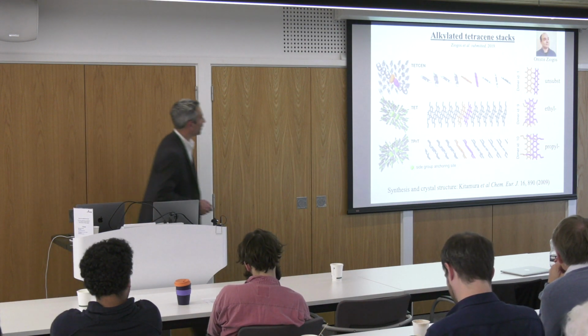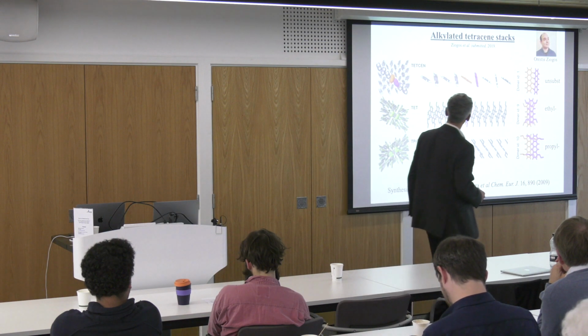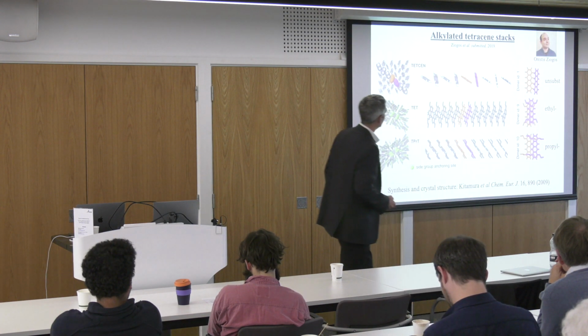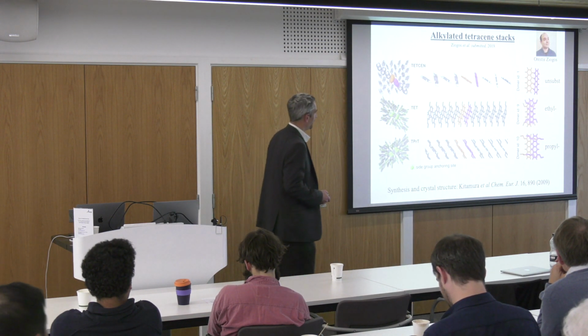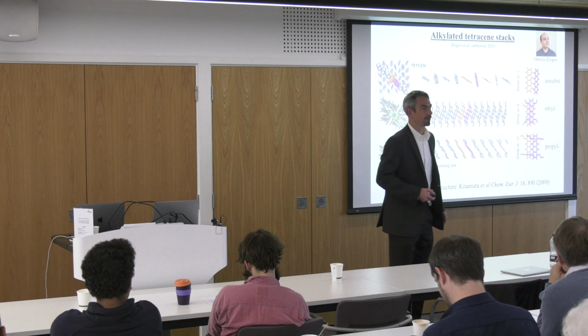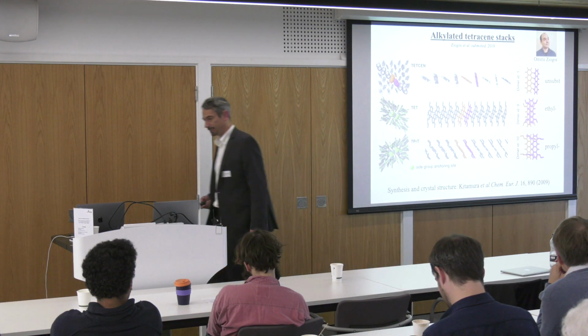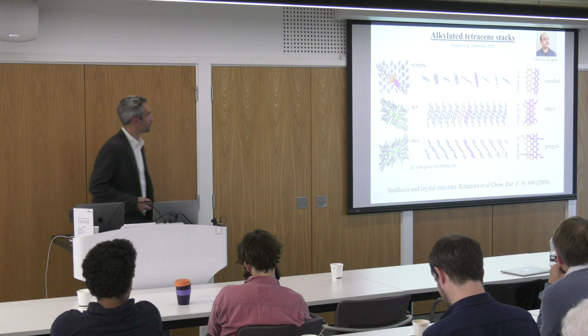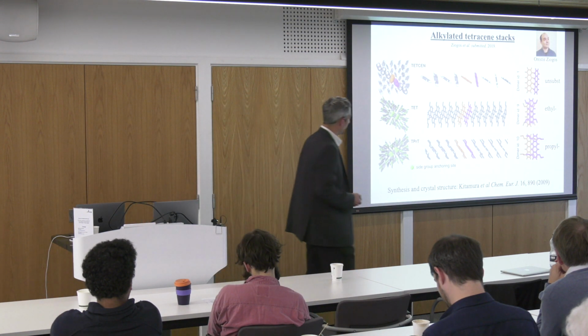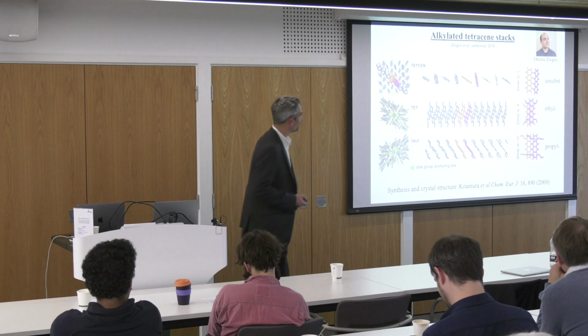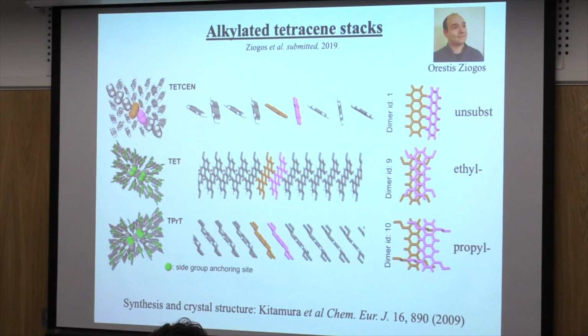Okay, so this is now a second application of the methodology, alkylated tetracene stacks. We were interested in this because I think it's of interest to design better 1D stacking materials. The classic one is hexabenzocoronene, but interestingly, the measured mobility for that is just 1 square centimeter per volt second.